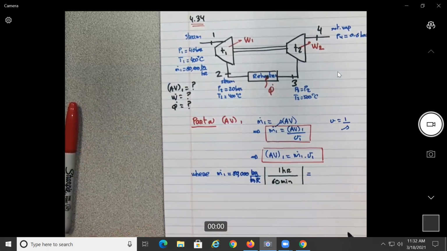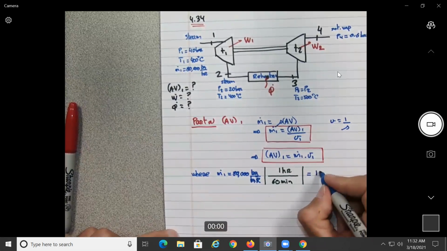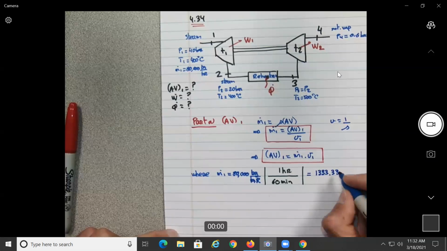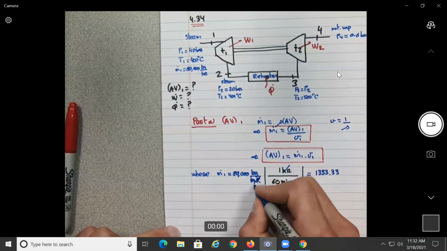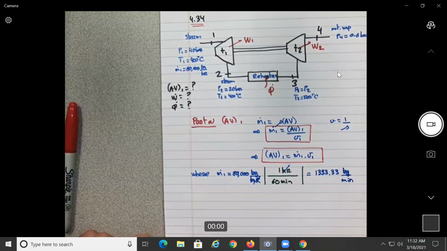So it would be 80 divided by 60. 1,333. Yeah, 1,333.333, no? And this should be now basically kilograms per minute.